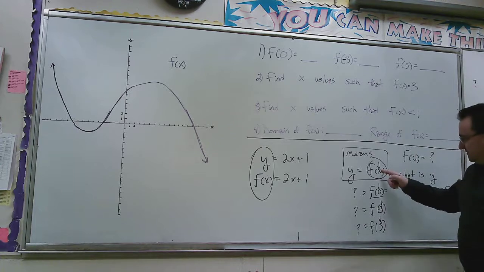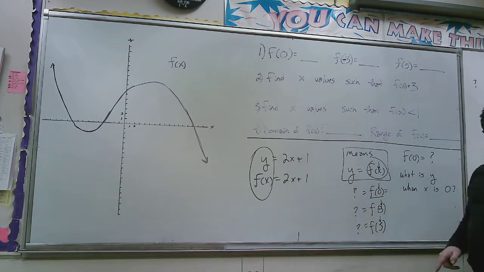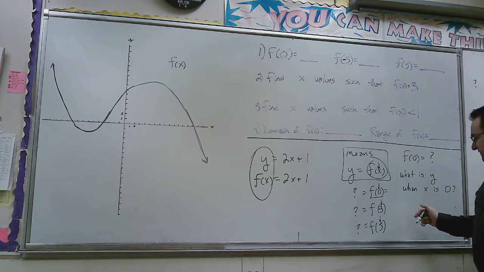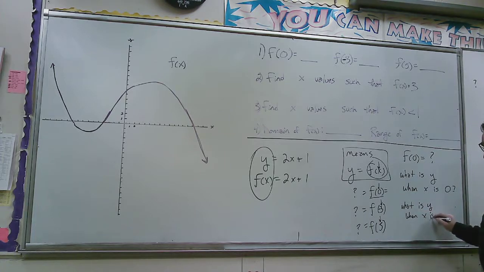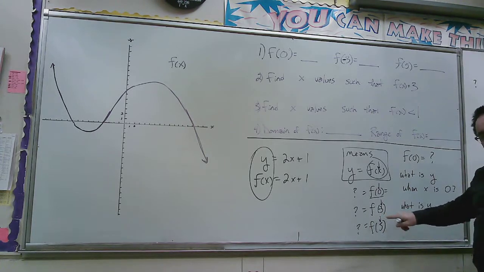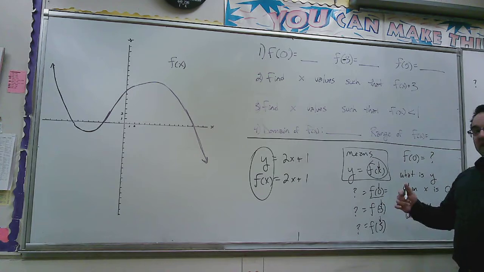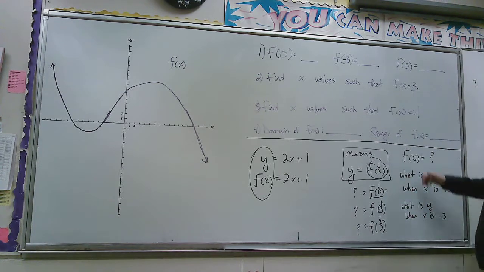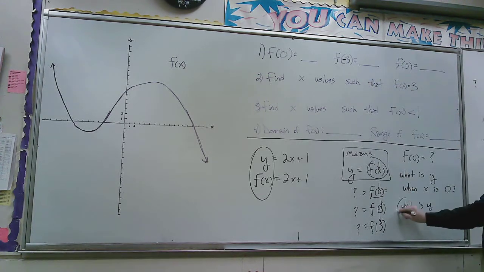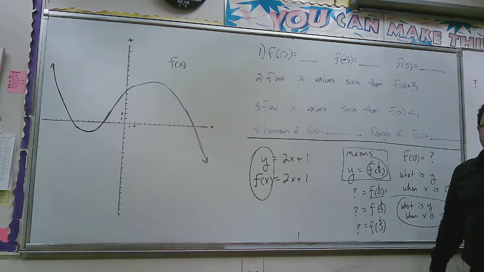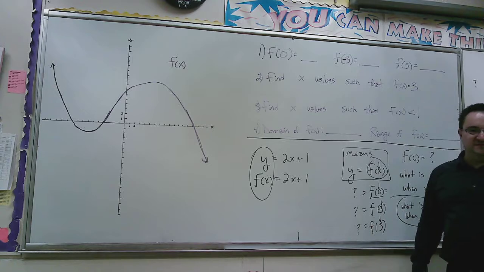When minus 3 is in the x slot, what goes in the y slot? This one is asking the question, what is y when x is minus 3? See how that's in the x slot? If we can start to understand, when I see this question, I think those thoughts, then this is easy. If you don't understand what that's saying, then you just won't get this.